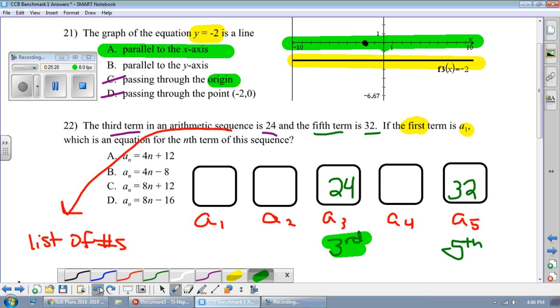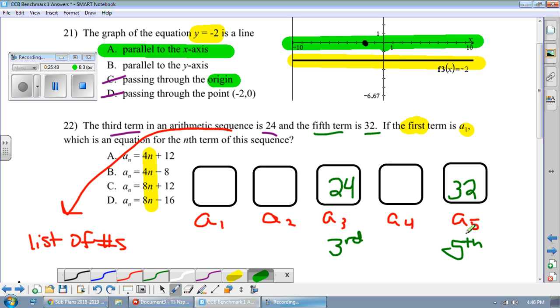So what I can do now is look at each of the possible multiple choice answers. I know that the 3rd term is 24. So that means that if I substitute all of these n's with a 3, I'm supposed to get 24.